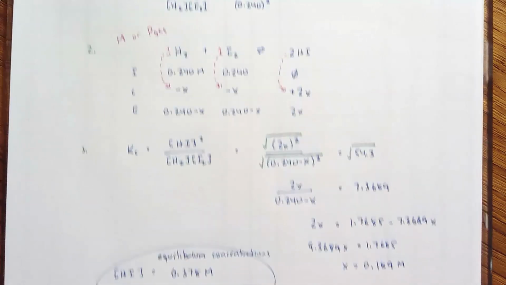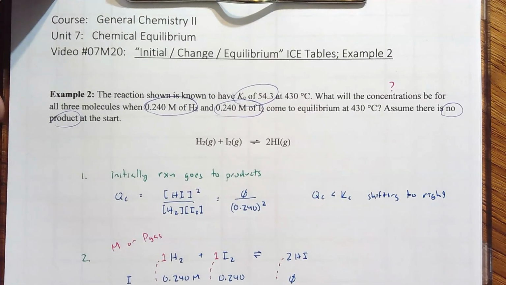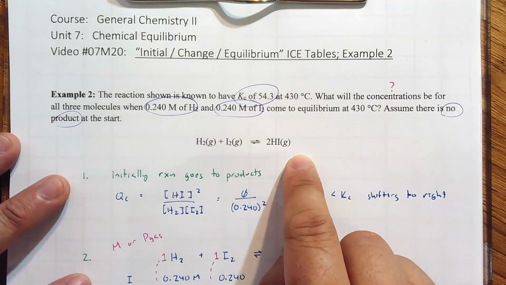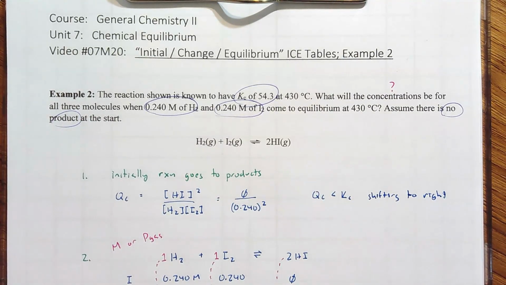Okay, that was a slightly more sophisticated problem than we saw in example 1. Example 3 is going to be, I would say, of equal difficulty as this one. So I'll see you in the video for example 3.